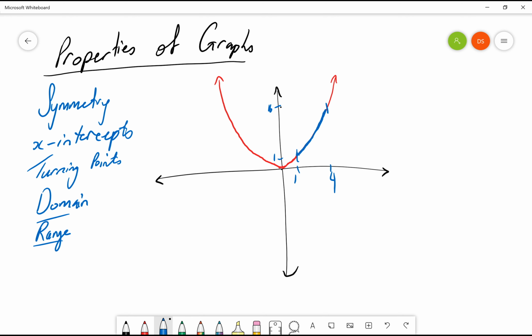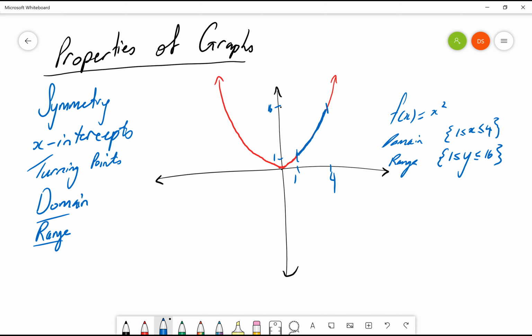And so if I only wanted the blue part, for this function, f of x equals x squared, is my model, I'd say my domain is from 1 through x through 4, and I'd say my range is 1 through y.